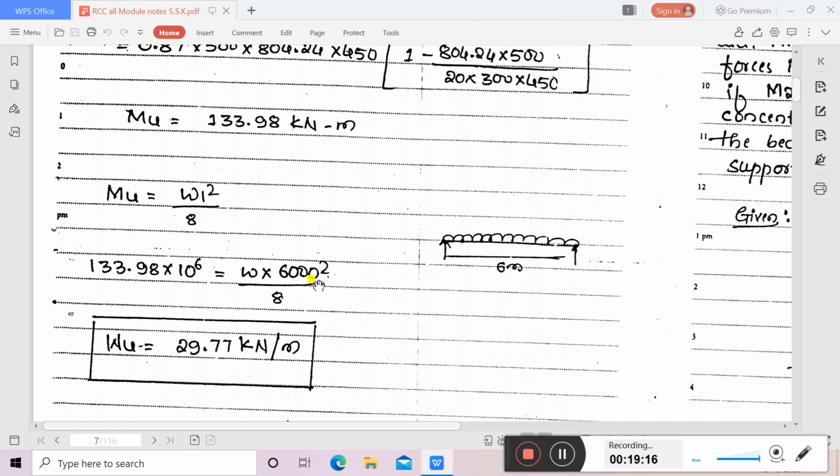Otherwise, if you keep this as kilonewton meter, this as Wu as it is, and this as 6 square divided by 8, you'll be getting the same value, that is 133.98 into 8 divided by 6.